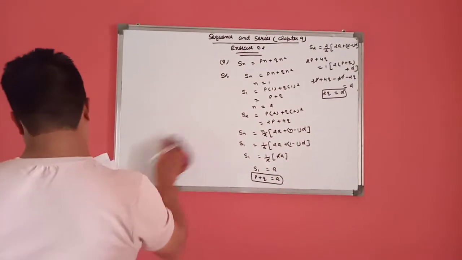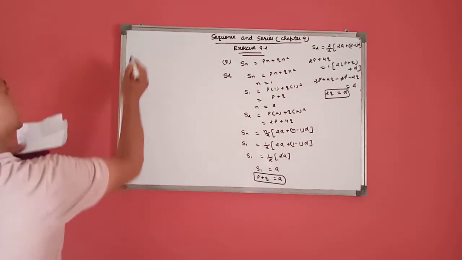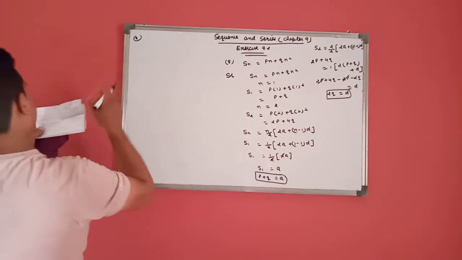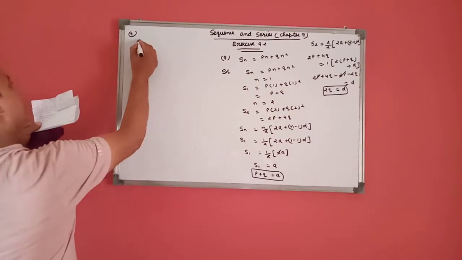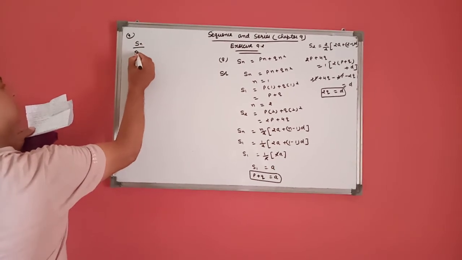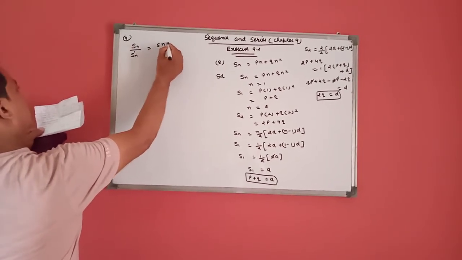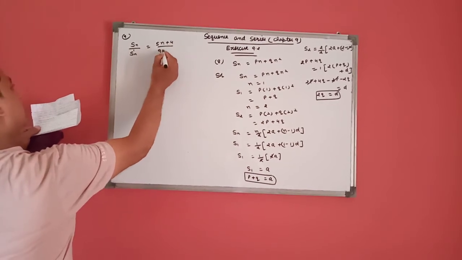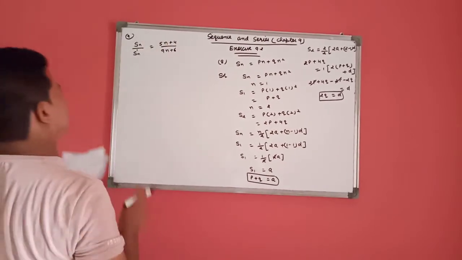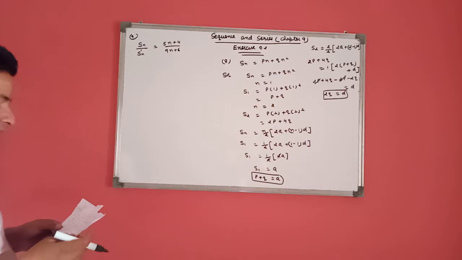In question number 9 the statement is: the sums of the n terms of two APs. We have two APs and the ratio of the sums of the n terms is 5n plus 4 divided by 9n plus 6.